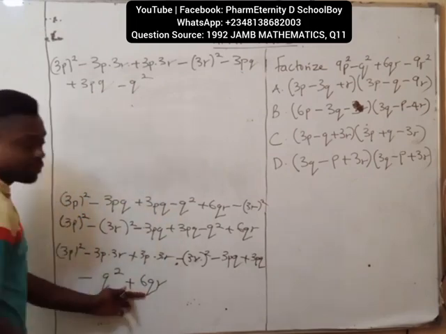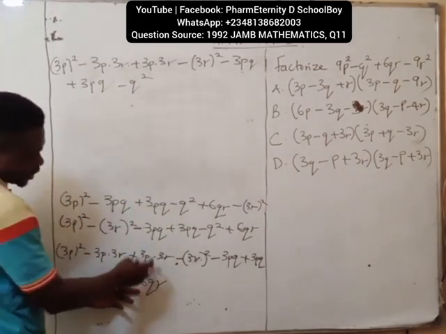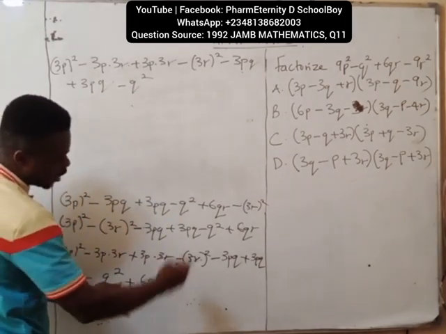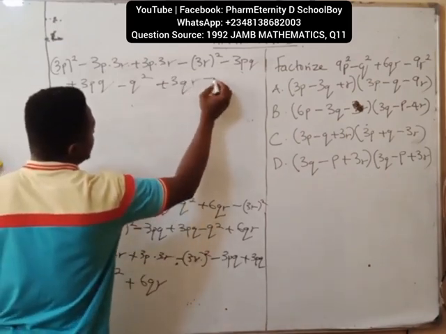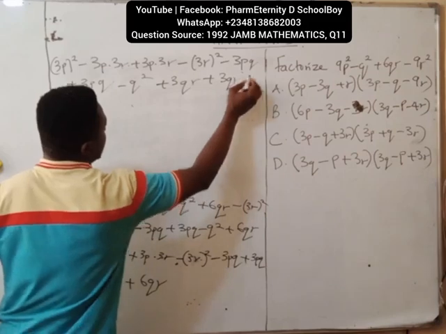Then 6qr can be replaced by 3qr plus 3qr.